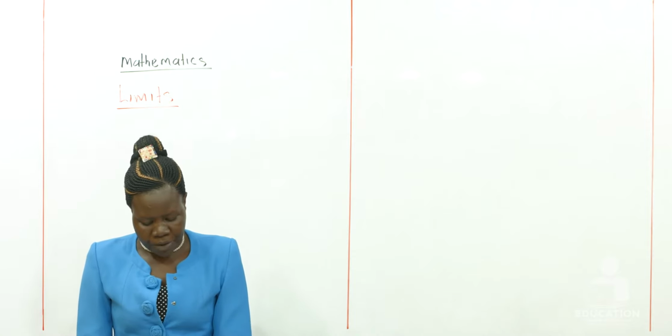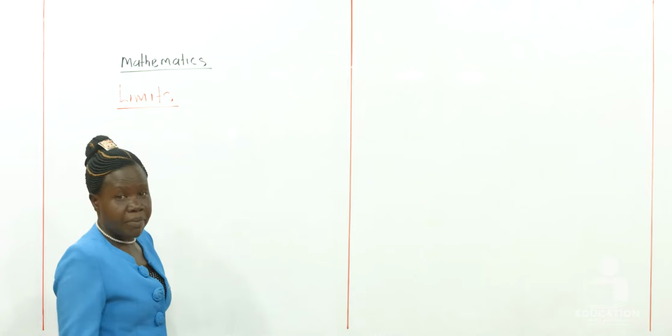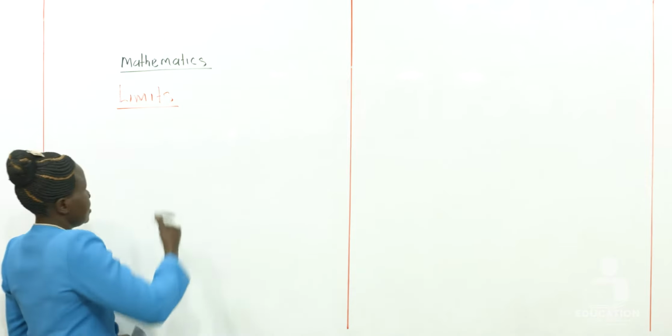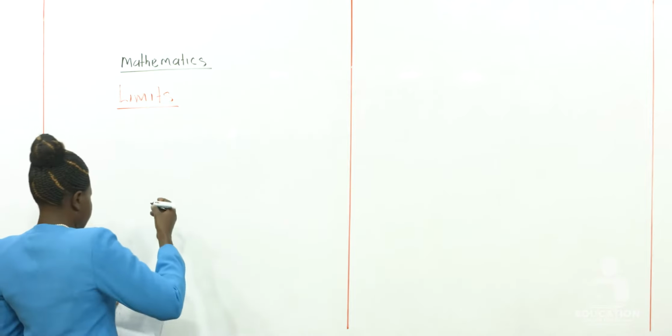In math we say limit. In everyday life we say these are problems, because when you are faced with a problem, you find that you will not be able to achieve what you had planned for.